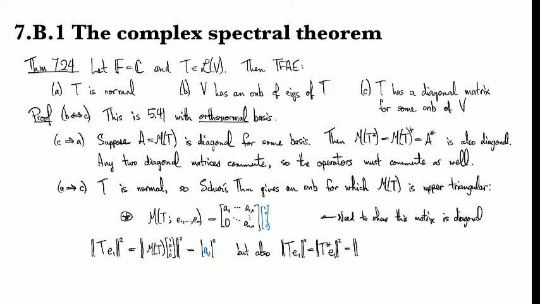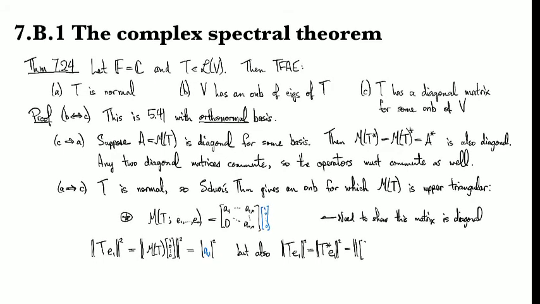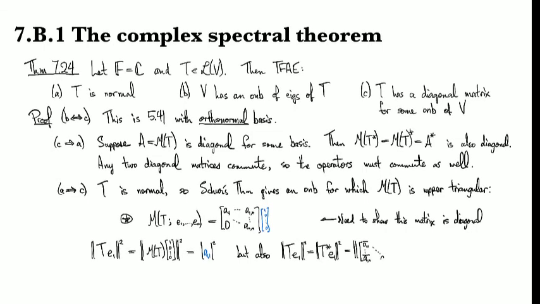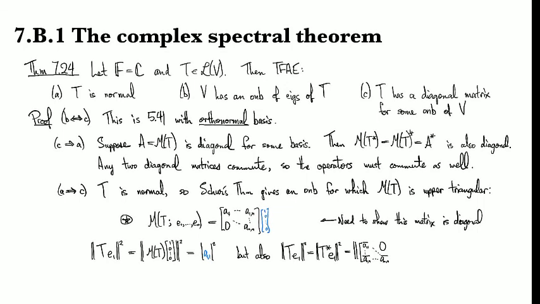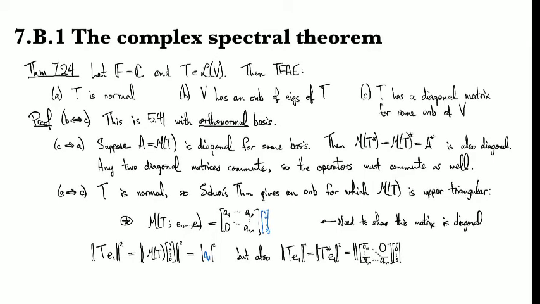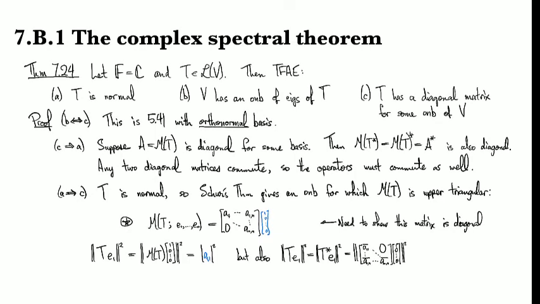And so this is the conjugate transpose. So now we've got A11 conjugate down to A1n conjugate, Ann conjugate, and zeros up above. And we're multiplying this against the same vector, 1, 0, 0, 0.